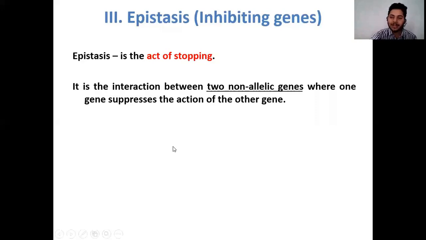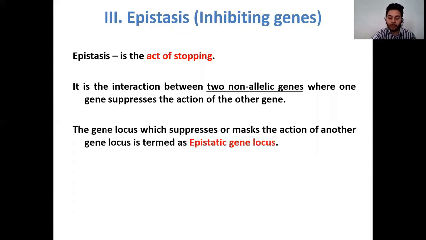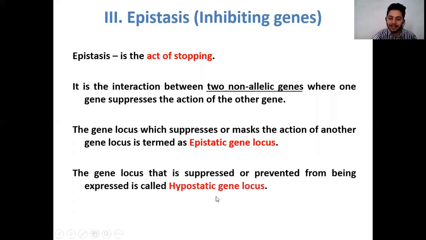Here, this interaction is taking place between 2 non-allelic genes where one gene pair is going to suppress the action of the other gene pair. Such kind of interactions are called epistatic interactions. Now within these epistatic interactions, I have 2 types of gene loci. The first of them is called the epistatic gene locus, while the second is called the hypostatic gene locus.